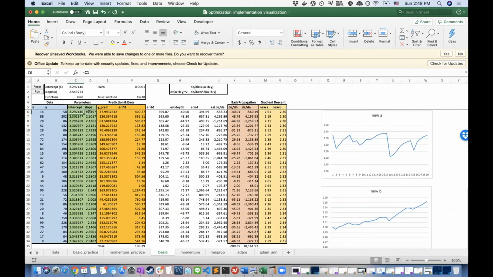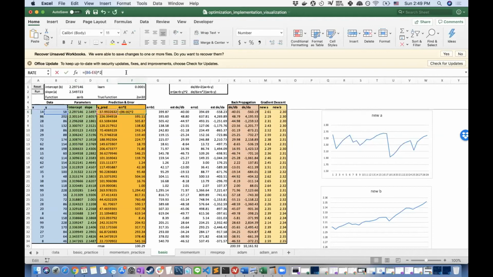And I believe this is the newly updated parameters, okay? And this is your prediction. So this is basically using x times your estimated parameter plus the intercept, and that's your prediction.